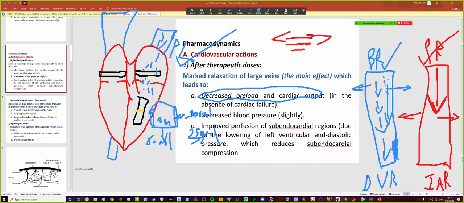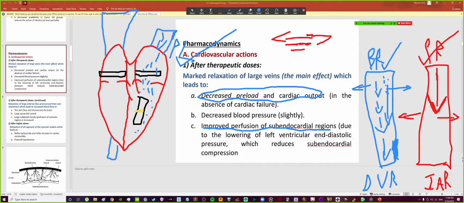Also, of course, it decreases the blood pressure, vasodilation, Shabab, vasodilation in the veins. Mainly, it will decrease the blood pressure. And also, another thing from physiology, it improves the perfusion of subendocardial regions, because here's another thing as well, Shabab. When there's an increased amount of end-diastolic volume, we said it's going to contract more to pump out all of it, right?